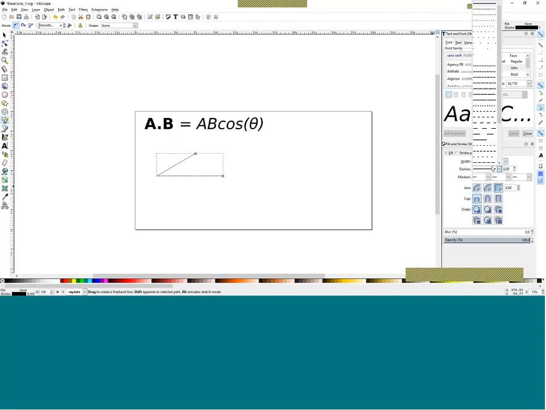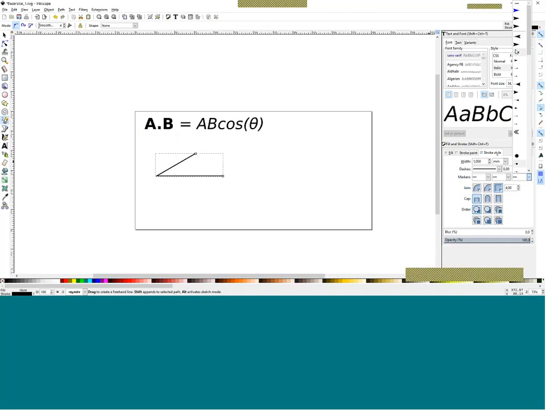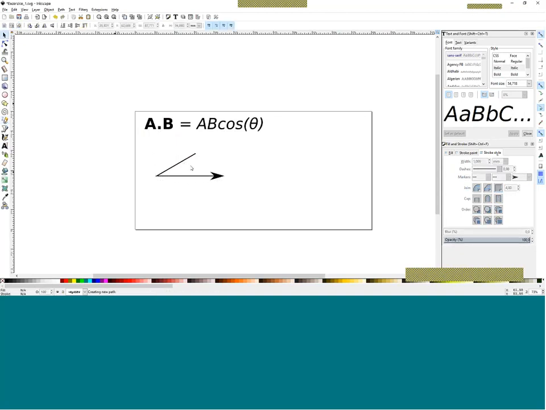F. I know it takes all of this, but. There we go. No, the other one didn't work. Fine. These are two vectors.